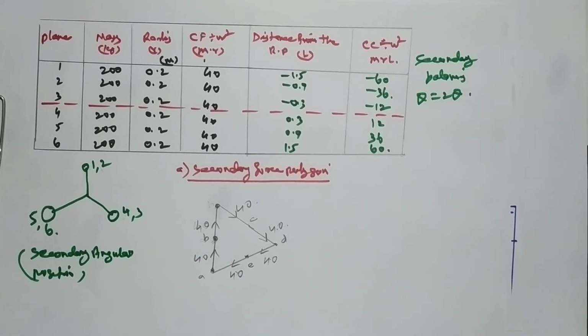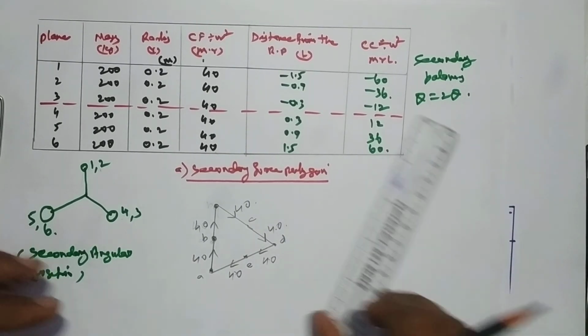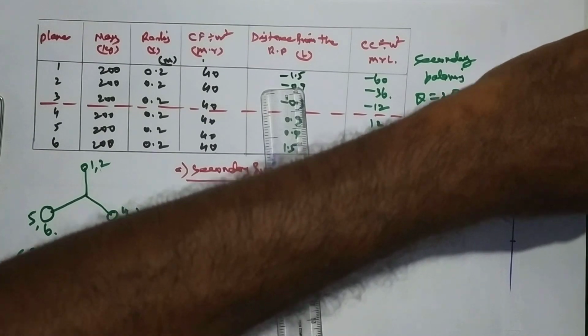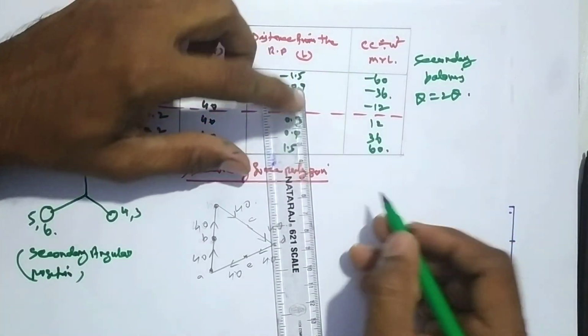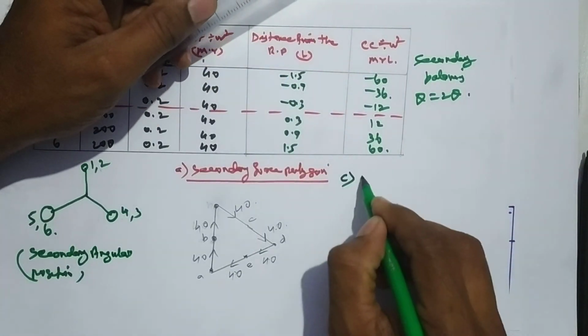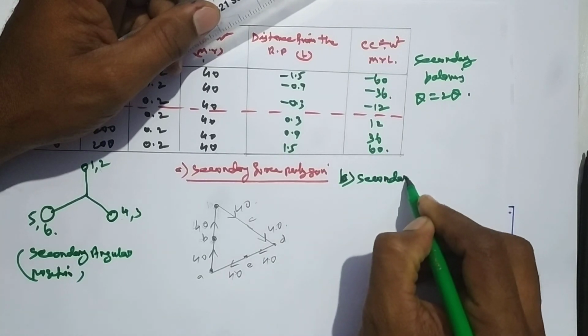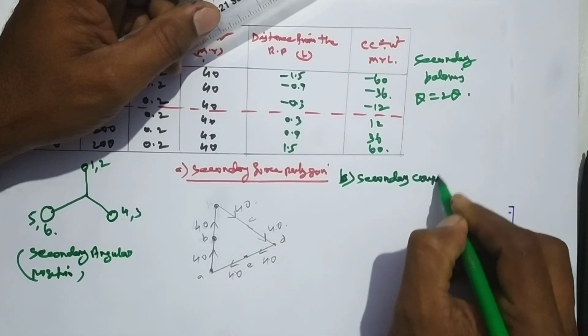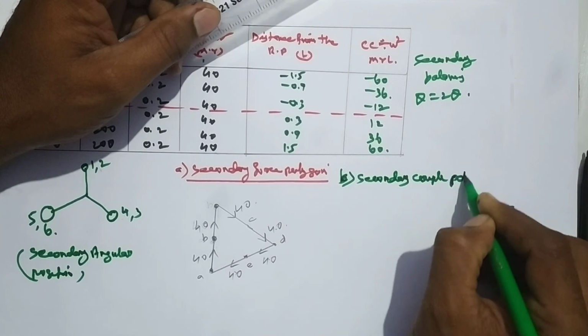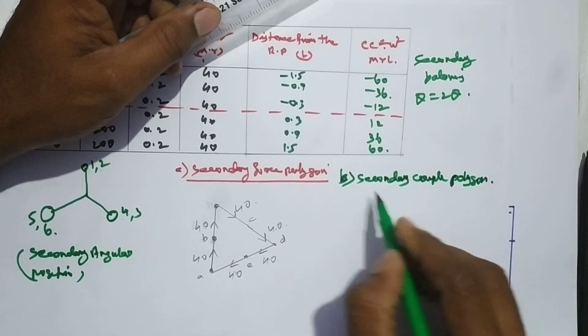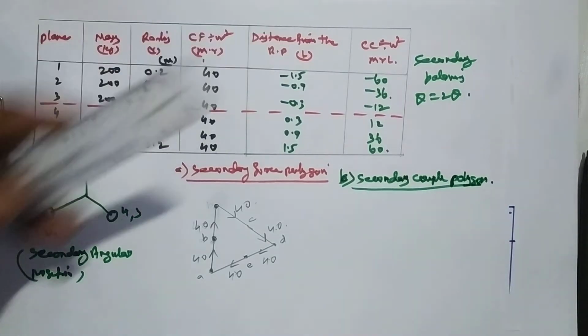So next you go to draw the secondary couple polygon, right? The secondary couple polygon is a very important one.